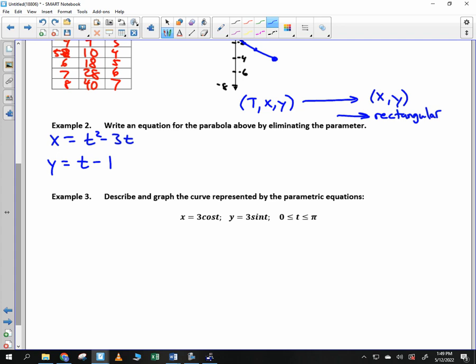Yes, Luke? Yep, so if I have y plus 1 is equal to t, if I solve for t, I get y plus 1, I could take the y plus 1 and I could drop it in for t there and there. And now I have x is equal to y plus 1, quantity squared, minus 3 times y plus 1.